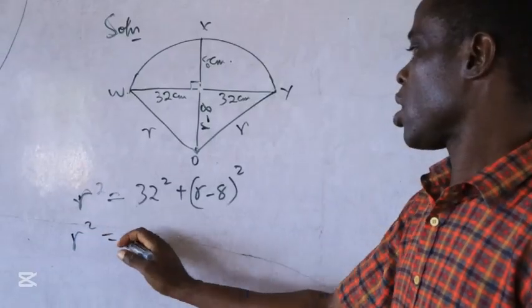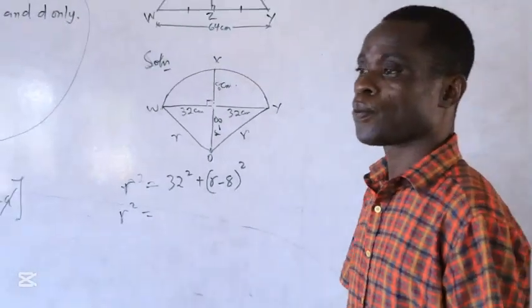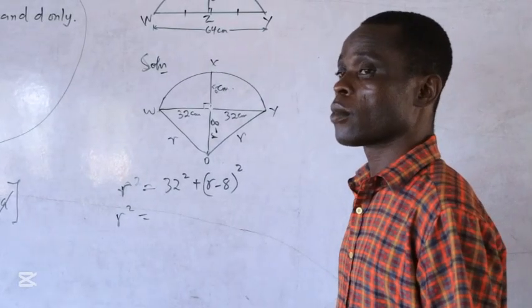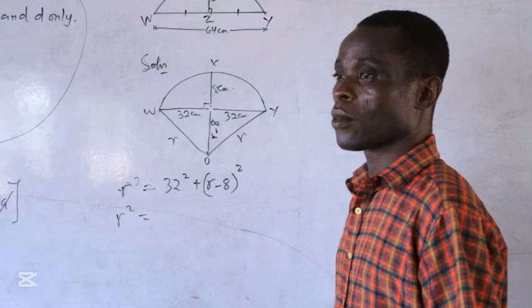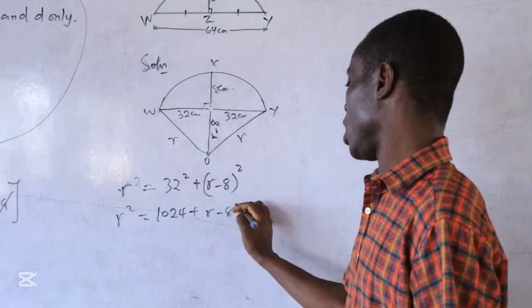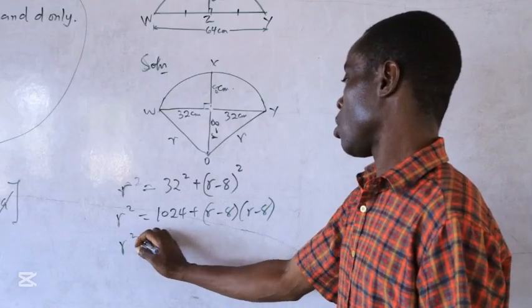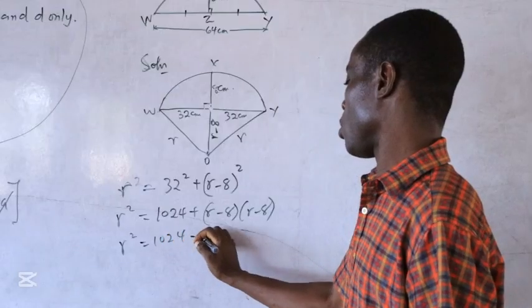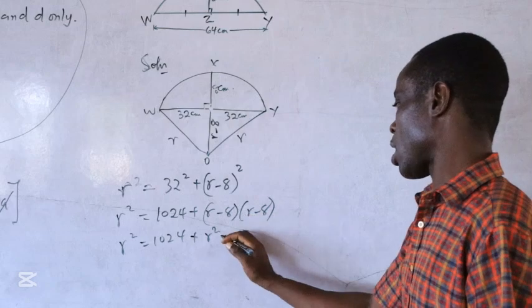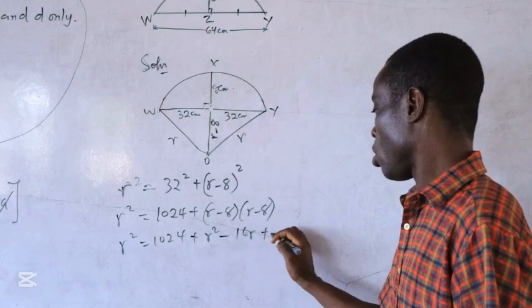What is 32 squared? 1024. Plus (R minus 8)(R minus 8). R squared equals 1024 plus R squared minus 8R minus 8R, minus 16R plus 64.